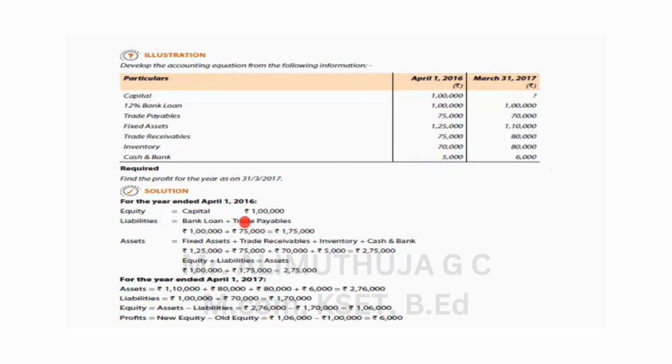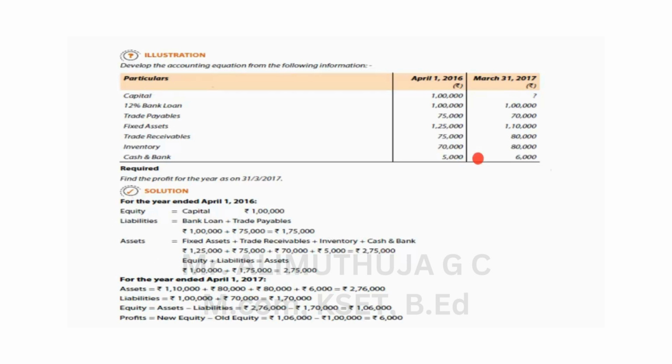Now you have equity of 1 lakh in the previous year, liabilities of 1,75,000 and assets of 2,75,000. That's what we discussed: equity plus liabilities equals assets. So equity 1 lakh plus liabilities 1,75,000 is a total of 2,75,000, which is nothing but assets. For the year ended 1st April 2017 or 31st March 2017, you can write either date.